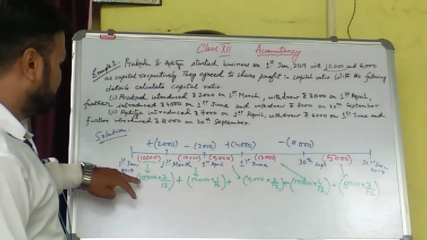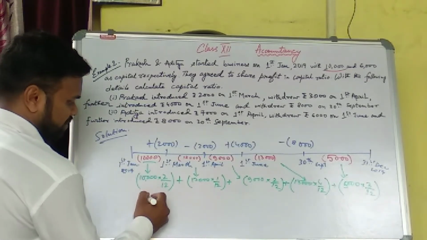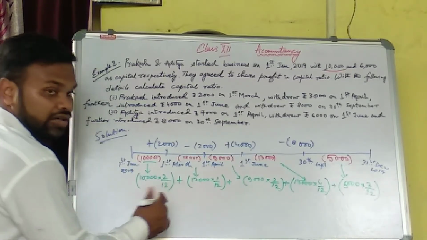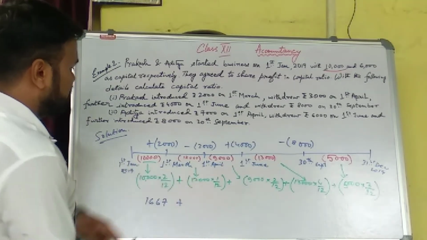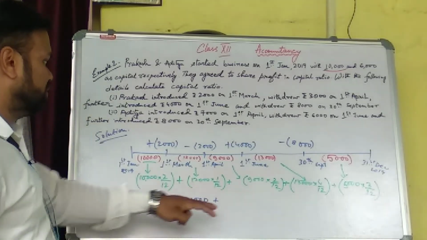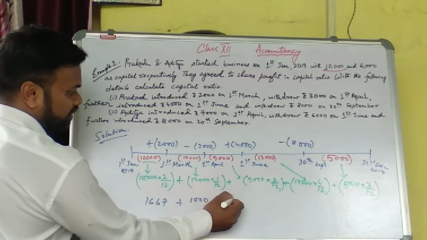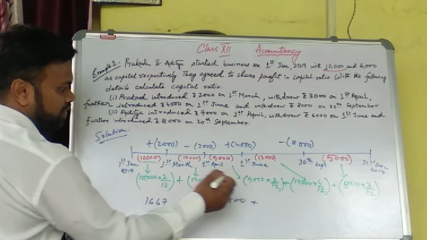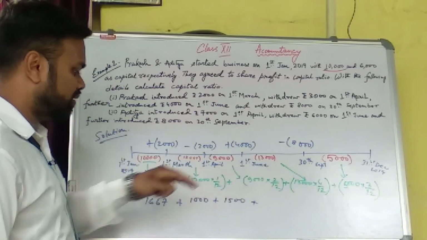Now let's calculate this. 10,000 divided by 6, rounding off the number, is 1667, plus 9,000 divided by 6, that is 1500, plus 13,000 divided by 3.